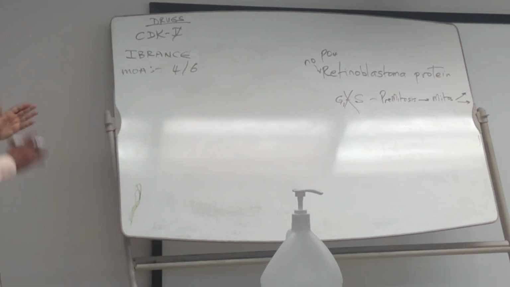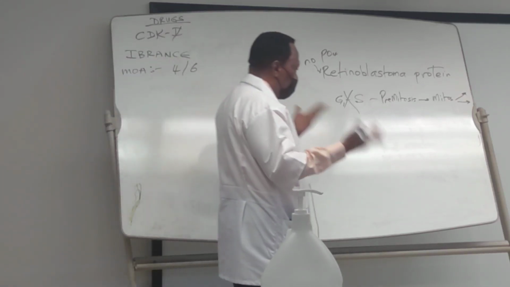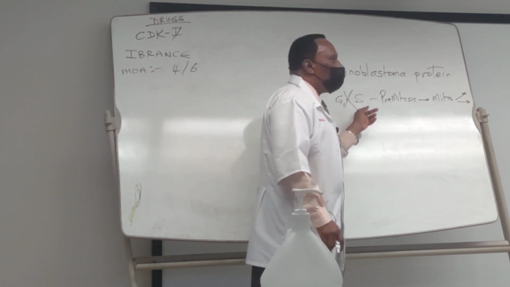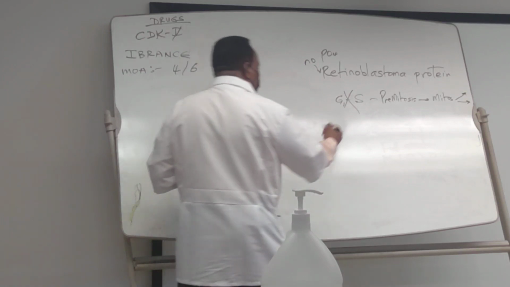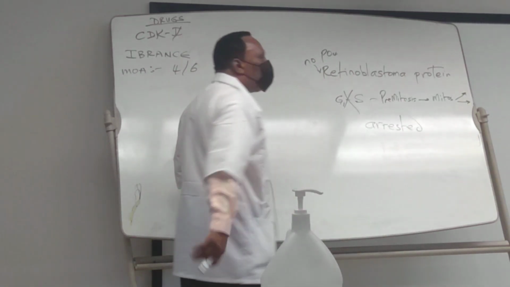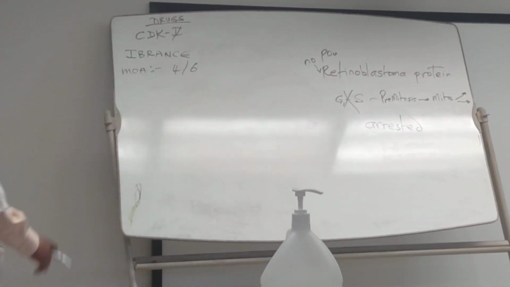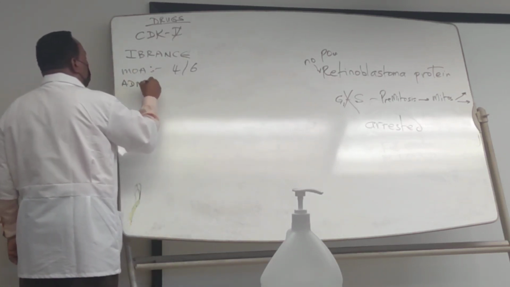By that inhibition, there will be no phosphorylation of the retinoblastoma protein. If the retinoblastoma protein is not phosphorylated, it's not active, so it cannot direct the cells to move from G1 to S. Without that, the cell cycle is arrested. So there's no proliferation of the cancer cell. So that's the mechanism of action there.